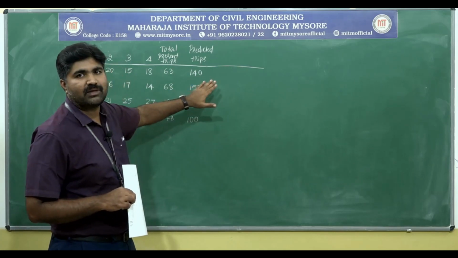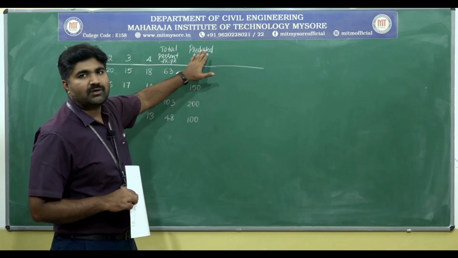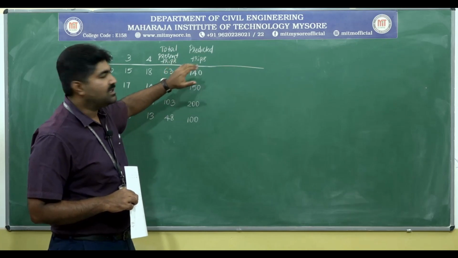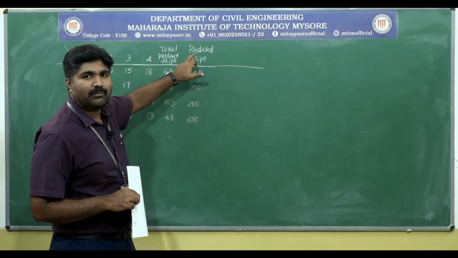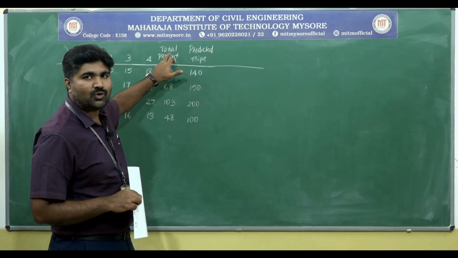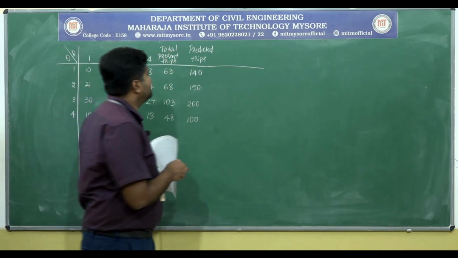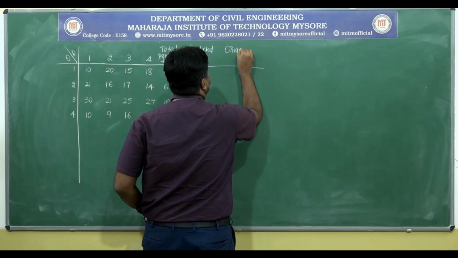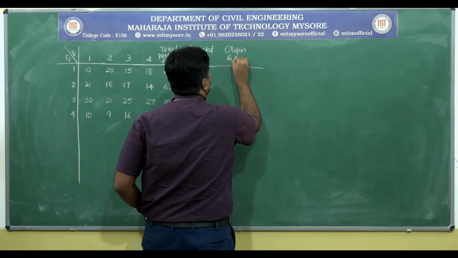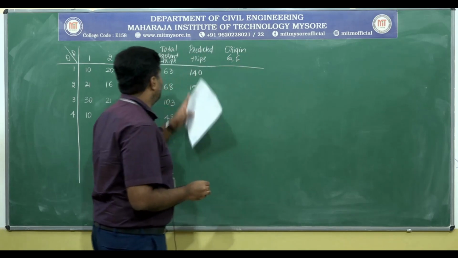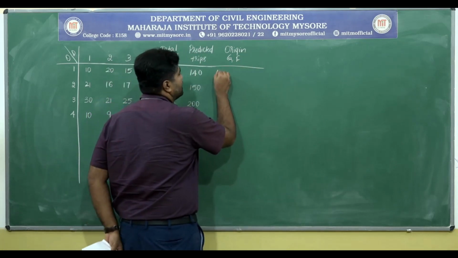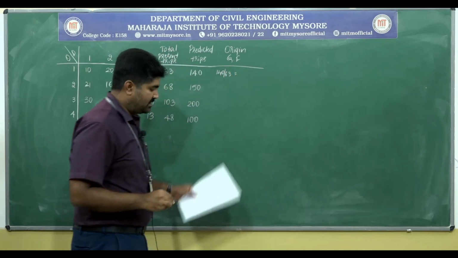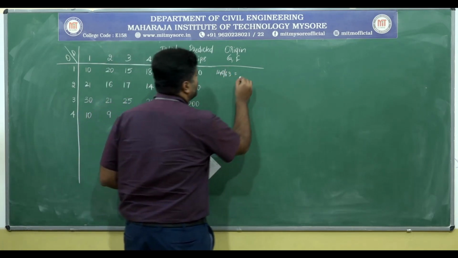See, the growth factor is predicted trips divided by the total present trips. Origin growth factor: 140 divided by 63, you will get 2.22.